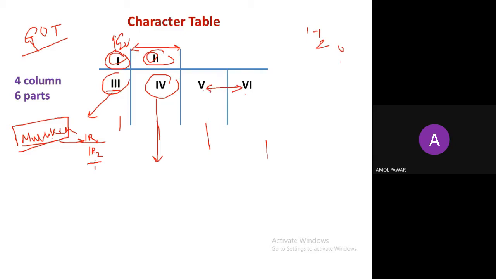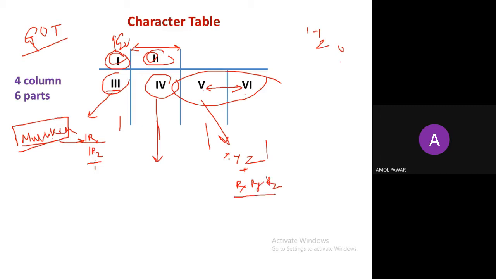Now what about 5 and 6? Generally we write 5 and 6 in the application part of the character table. Part 5 is the translation axis and rotational axis. Translation axis can be x, y, and z, and rotational axis is rx, ry, and rz.